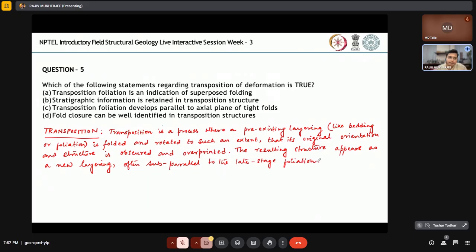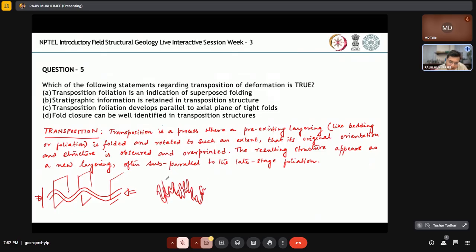Right. So if this is the definition of transposition, it means that if you have a folded layer and these are the previous axial planar cleavage, now if we compress this entire thing in a different mode of deformation, the folds may appear very tight like this, and the existing foliations would become so squeezed and compressed that they become a single unit, and eventually the fold would look like this.